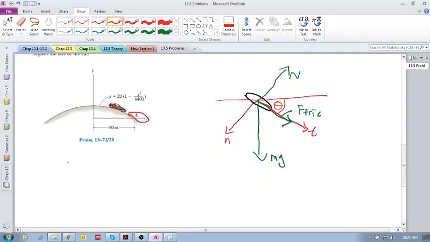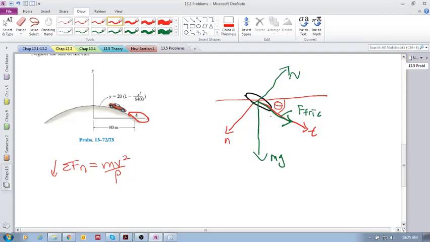Let's write it out. Sum of the forces in the normal direction is mv squared over rho. And we can take that down as positive, right? So what are the forces going to be? Can you see that this weight has both a component in the normal direction and a component in the tangential direction.